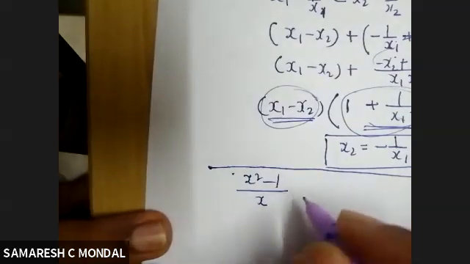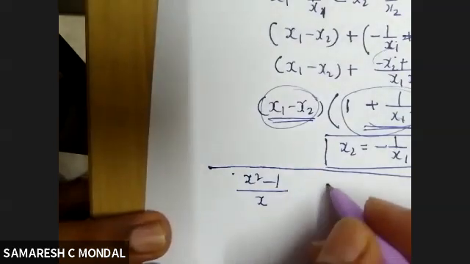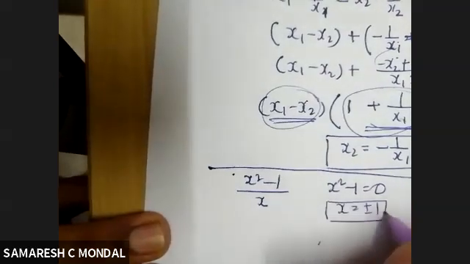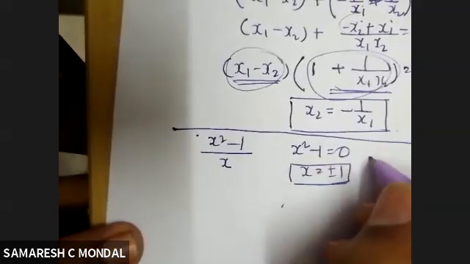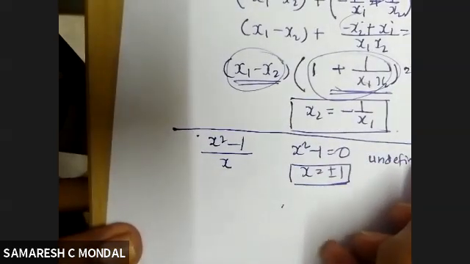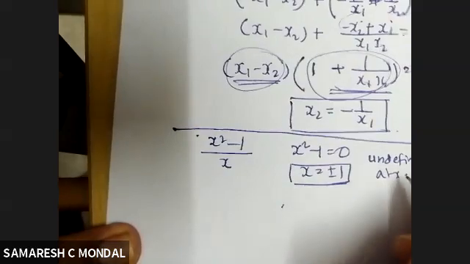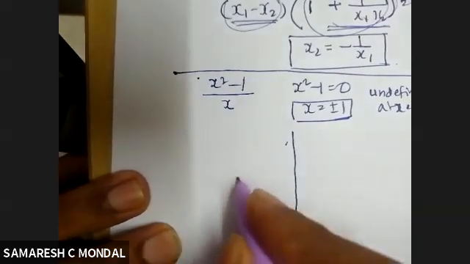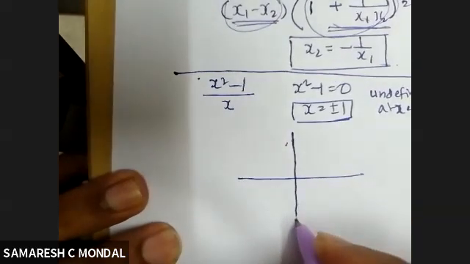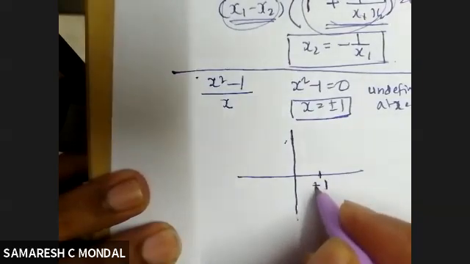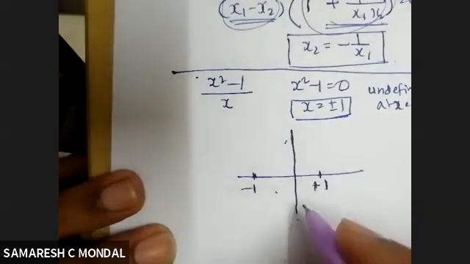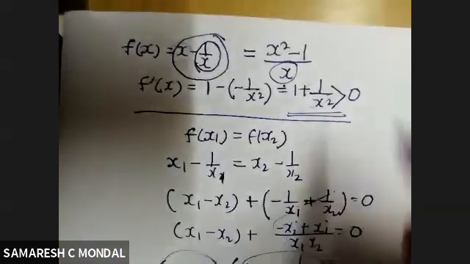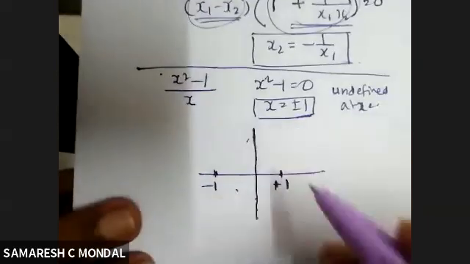The graph will intersect the x-axis at plus and minus 1, and it is undefined at x is equal to 0. If you recall, we draw a vertical asymptote where the function is undefined. This is plus 1, this is minus 1. And we know it's an increasing function, because this is always positive, so the graph always.